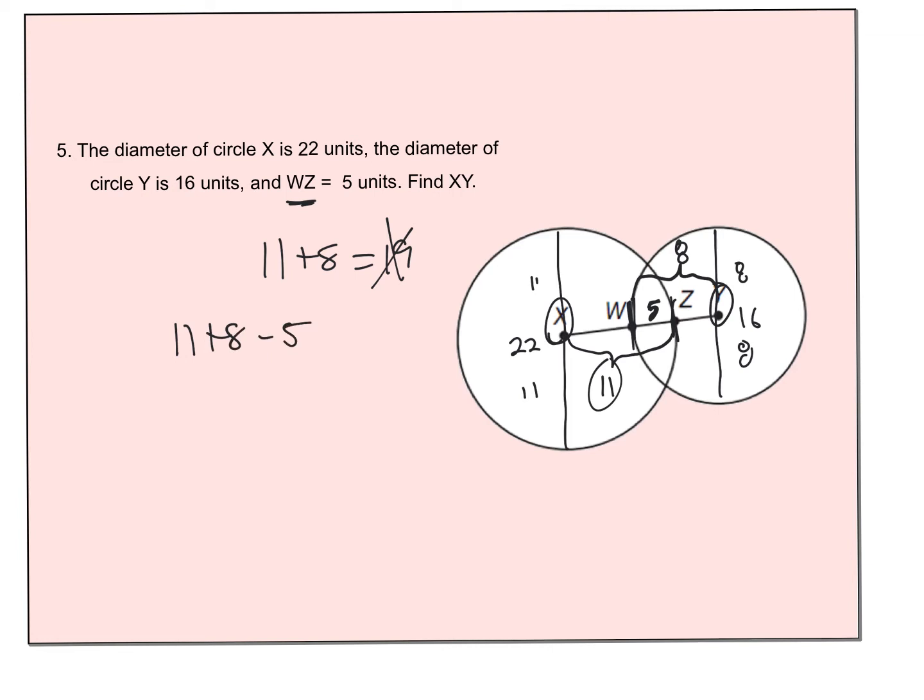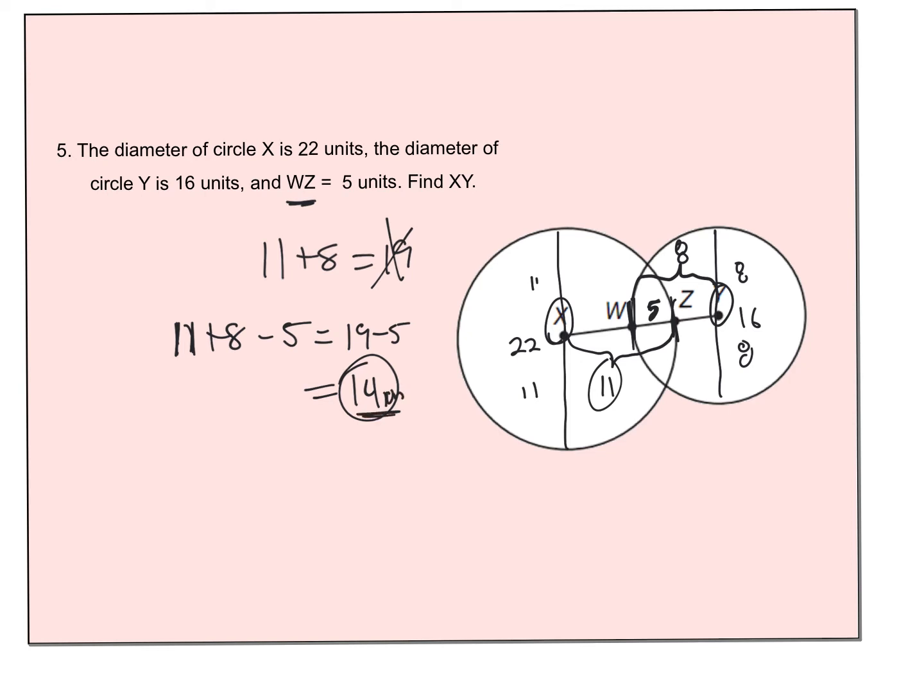Since it's counted twice, I need to subtract it once. So it's going to be 19 minus 5. The real answer is going to be 14 units.